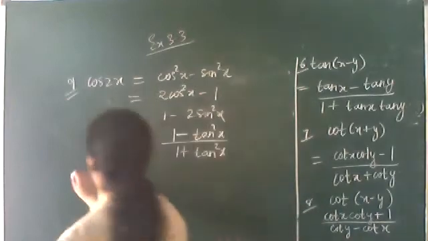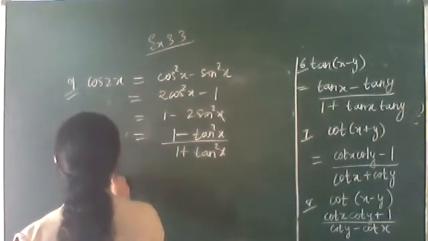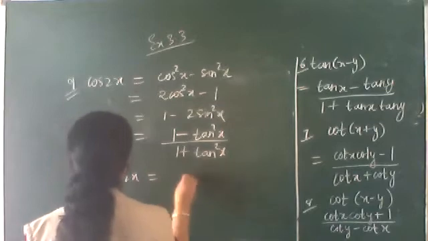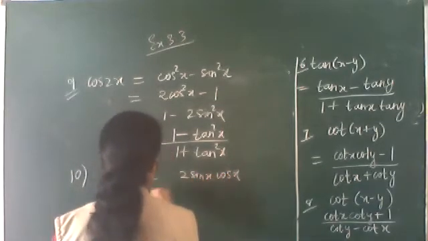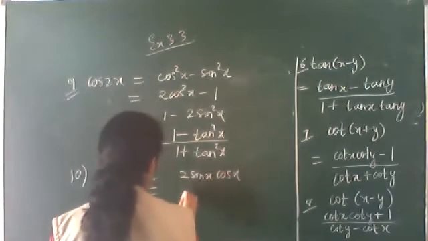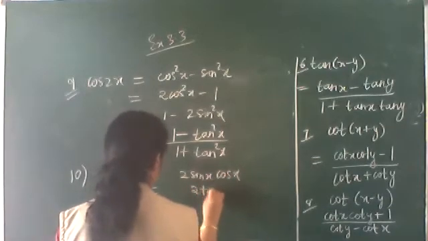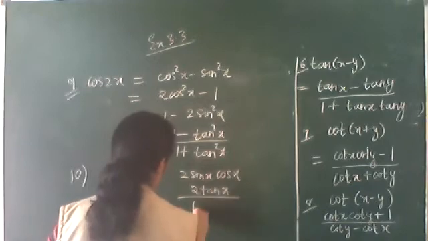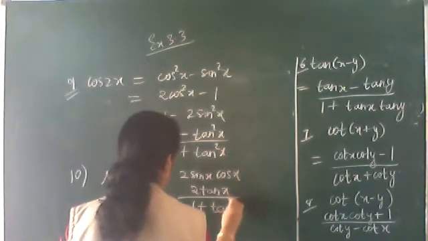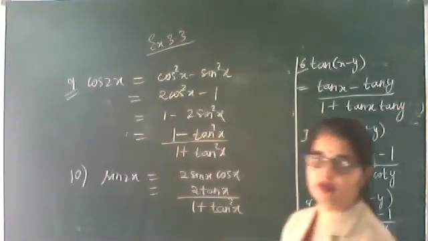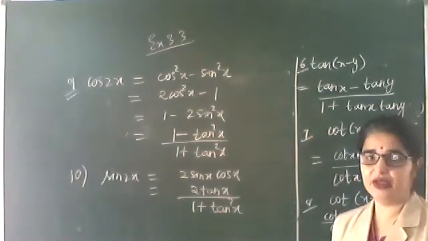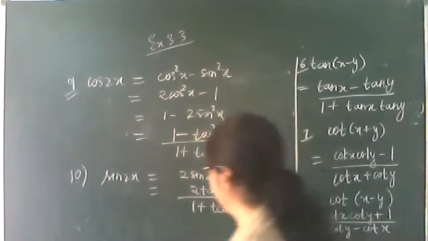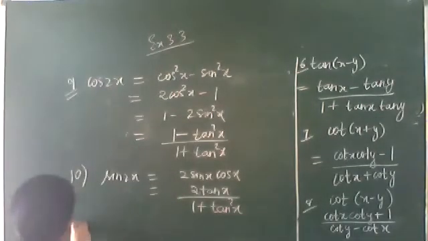Now again the same for sin 2x. Sin 2x can be written as 2 sin x cos x, or it can also be written in the form of tan as 2 tan x upon 1 plus tan square x. 2 tan x upon 1 plus tan square x. Clear? Now tan 2x, I think it will not be visible here. Let me try.